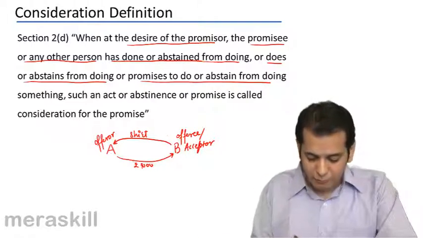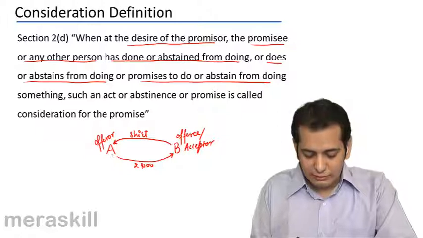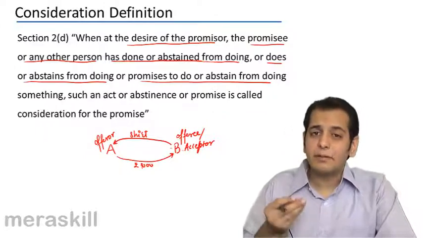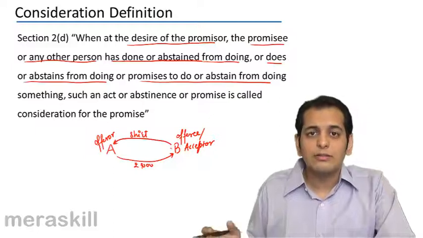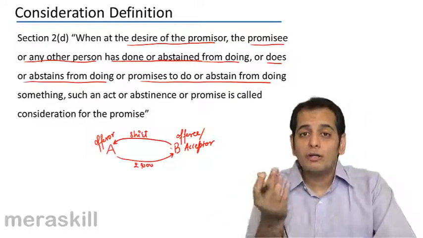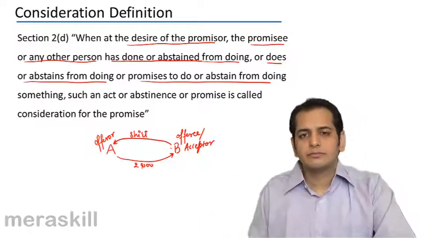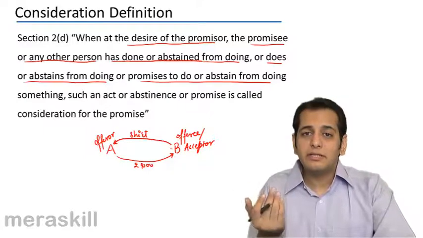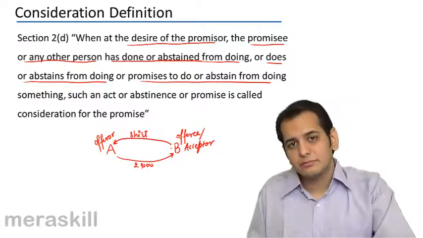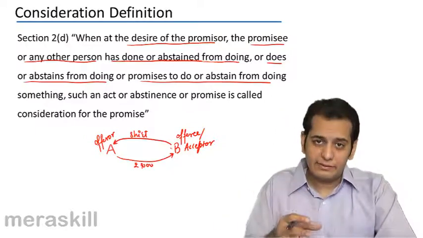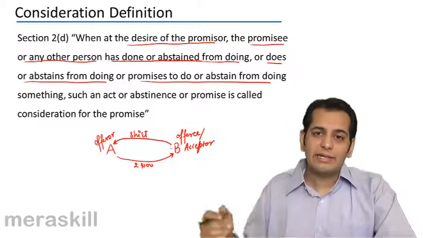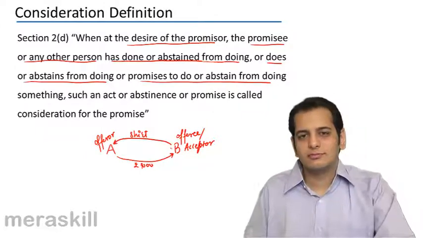Now A's promise, where A promises B that he'll pay 1000 to B, is what B is getting, what B is receiving. So I can say that B is getting something in return.